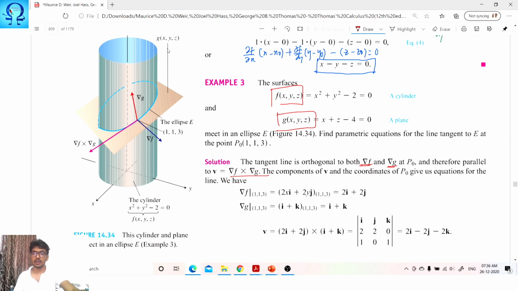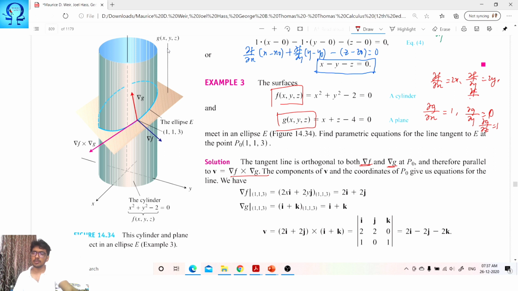Now let us identify what our gradient f is. From this, del f upon del x is 2x and del f upon del y is 2y. Del f upon del z is 0. And del g upon del x is 1, del g upon del y is 0, and del g upon del z is 1.